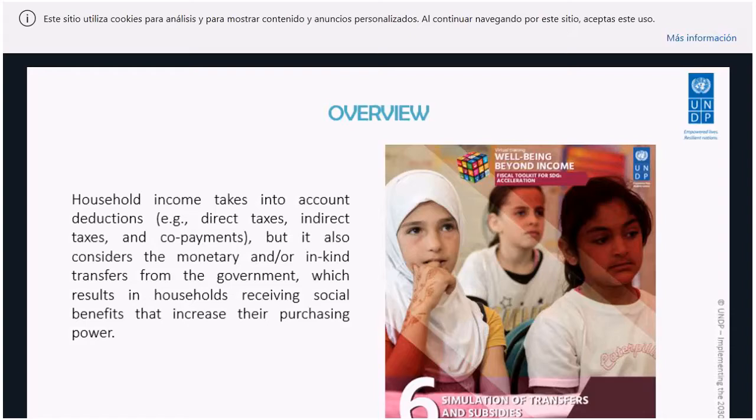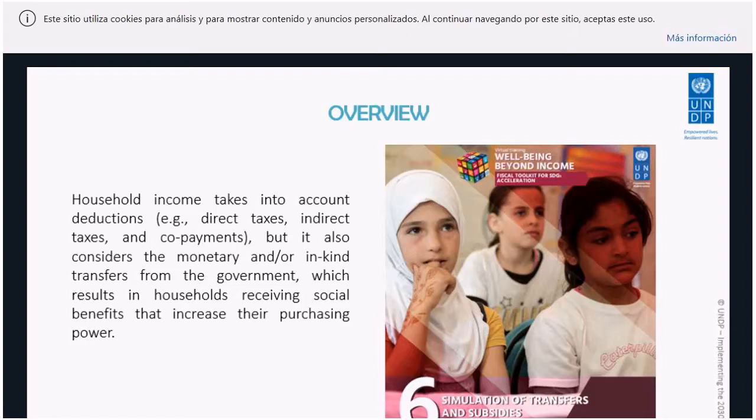We can have a lot of transfers in cash or in kind. Conditional and non-conditional transfers and in-kind transfers, so subsidies. So it is important to understand how this system, let's call it the redistribution system, works.